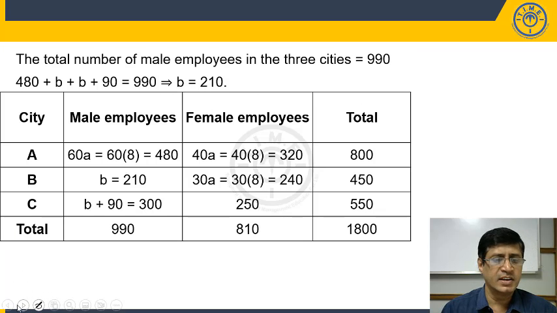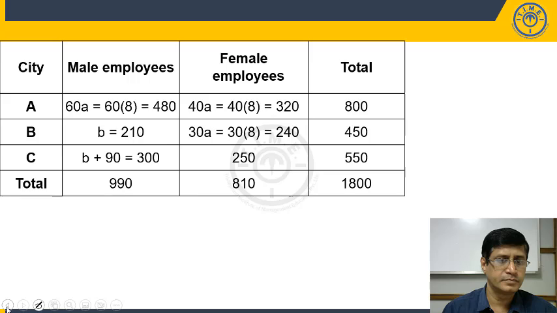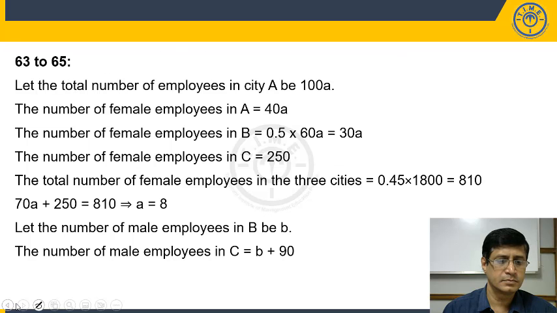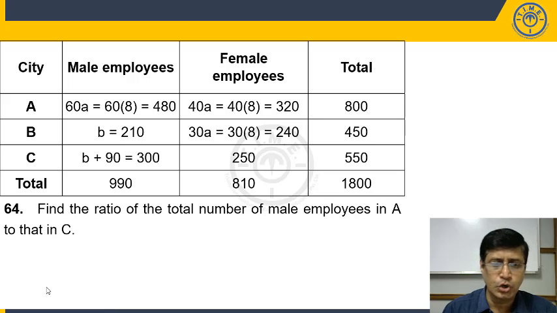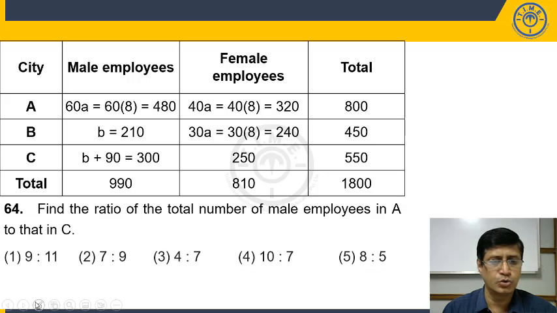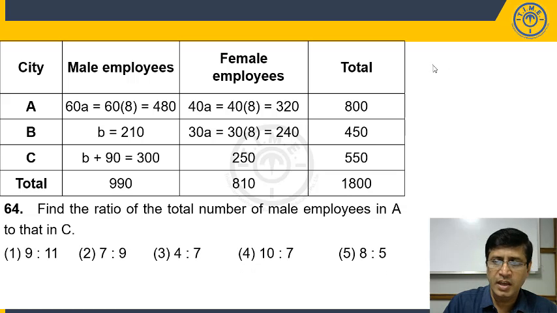Now look at the next example. Find the ratio of the total number of male employees in A and that in C. Male employees in A is equal to 480 and male employees in C is equal to 300.